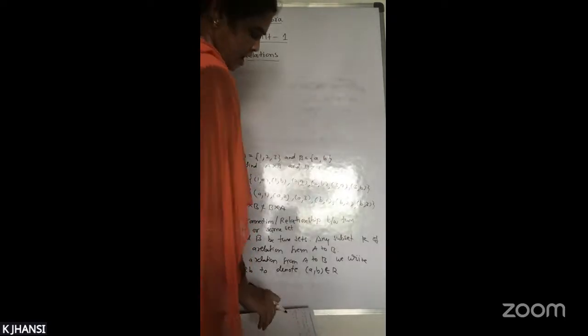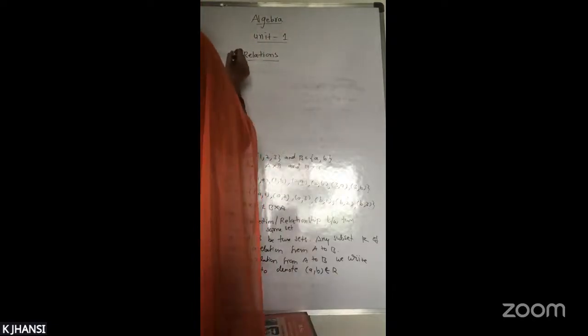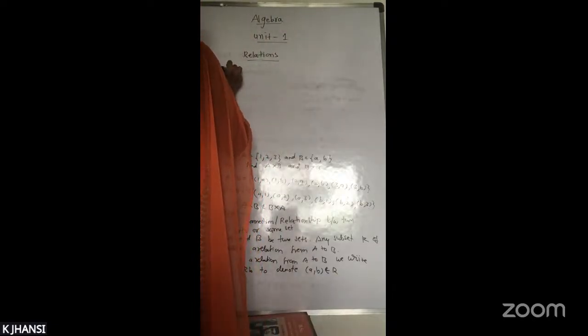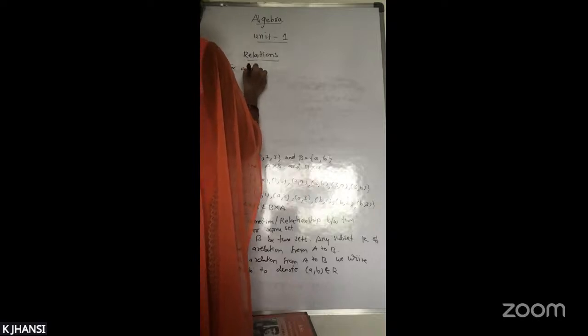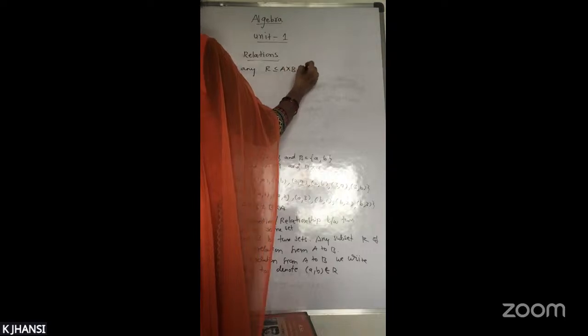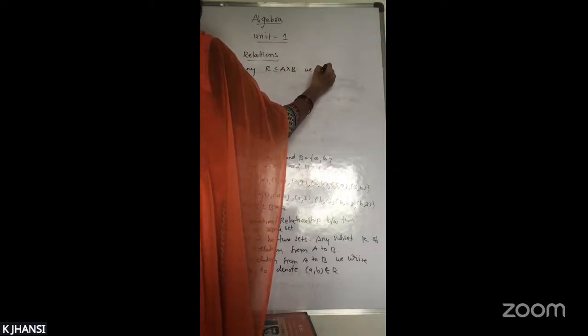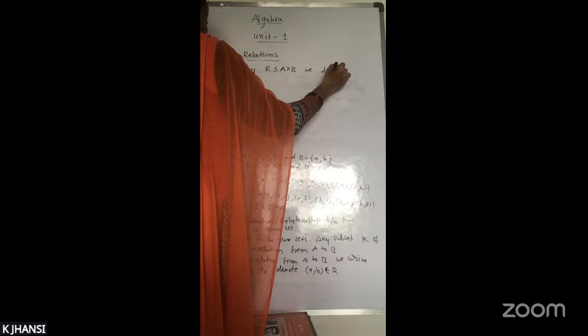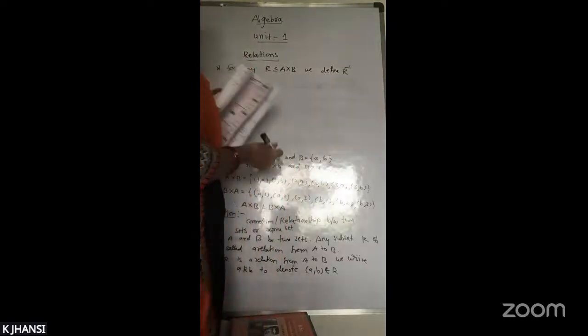Okay, for any R subset of A cross B, we define R inverse, that is the inverse relation.